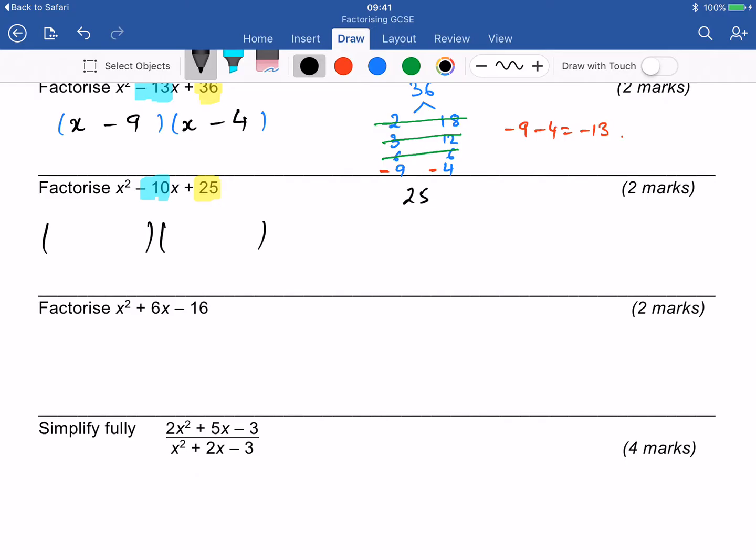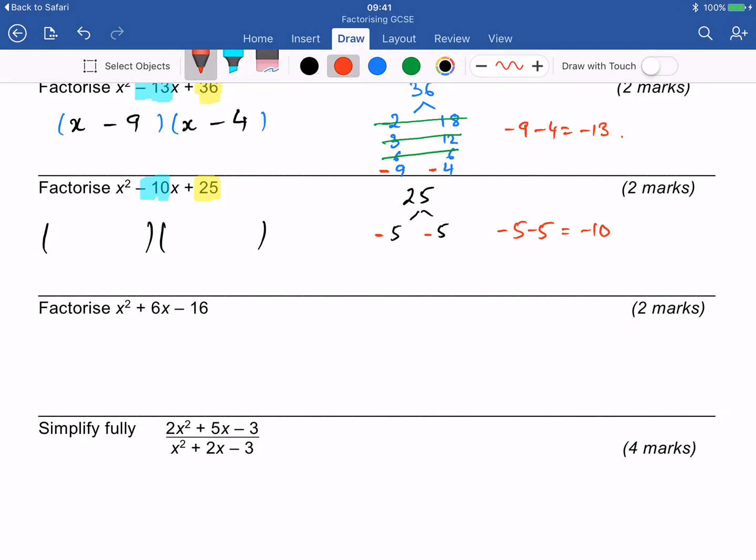The factors of 25 are 5 and 5. And when you add them, you do get 10. But I'm looking for negative 10. That means I must have negative 5 and negative 5. Because negative 5 and negative 5 is negative 10.